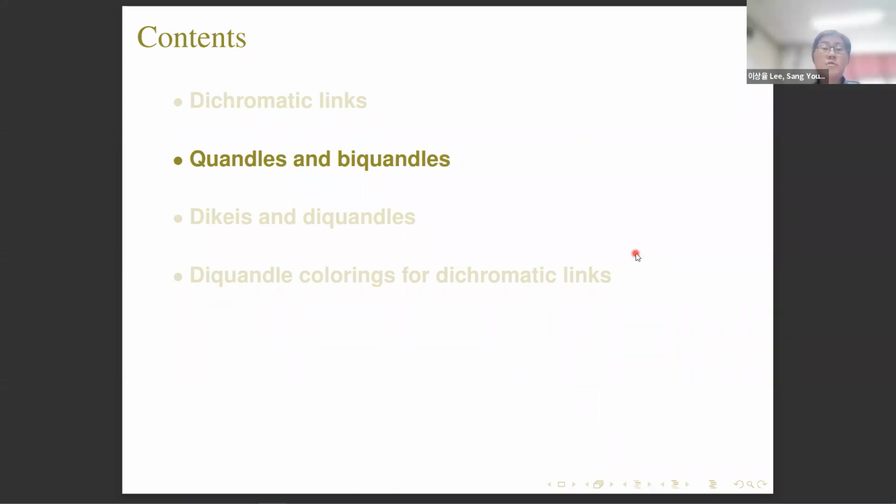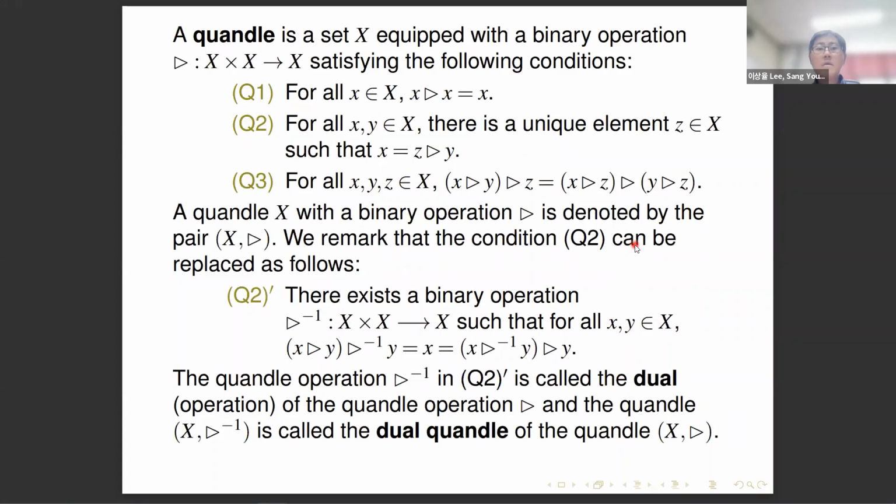Now I introduce quandles and biquandles, the basic definitions of these algebraic systems. A quandle is a set X equipped with a binary operation delta satisfying the following three conditions.